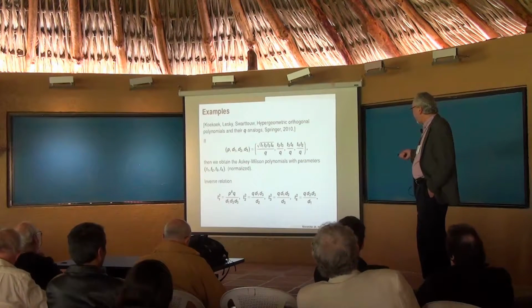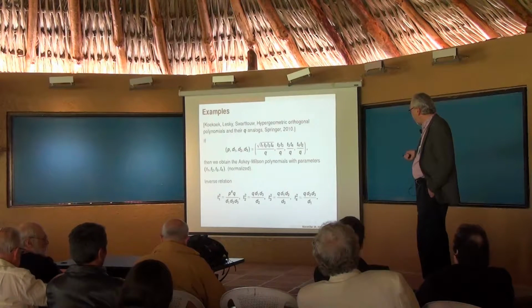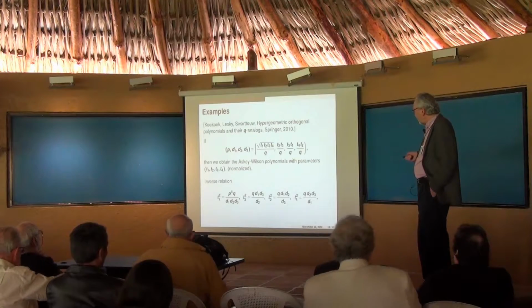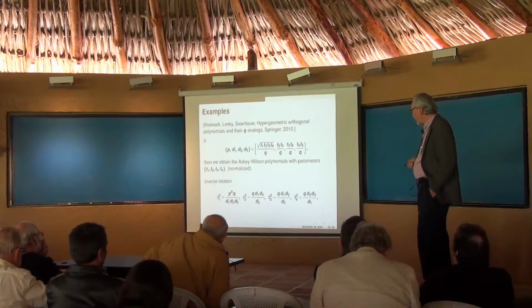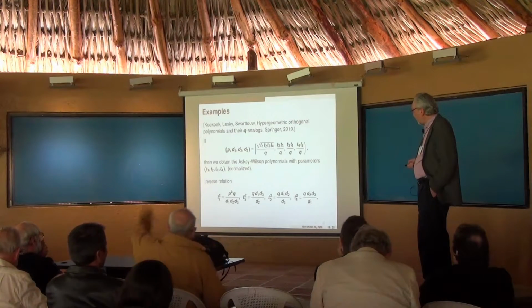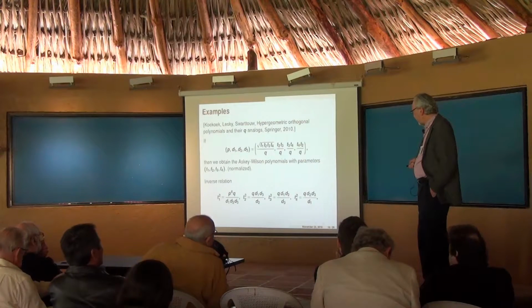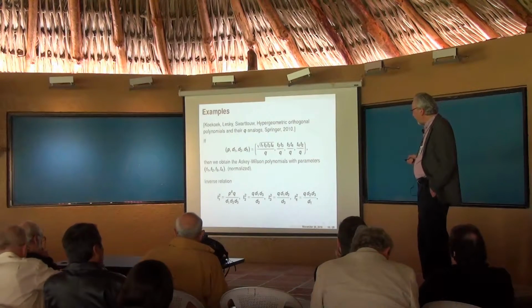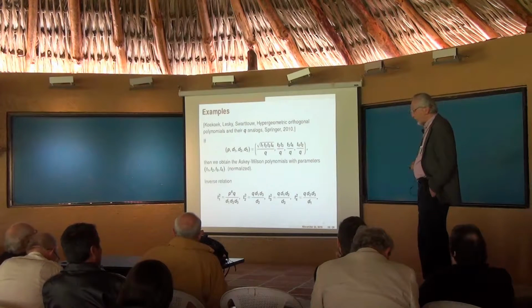If we try to invert this relationship, what we get is this. We can go from the T's to the P and D's in this form, but the D's appear in the denominators. So if one of the D's is 0, we cannot find the T's.